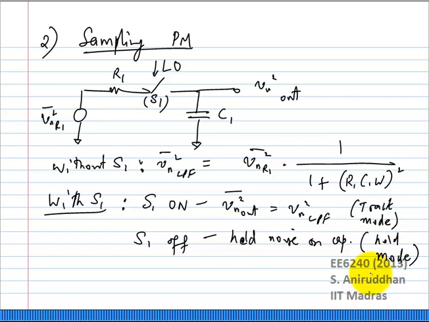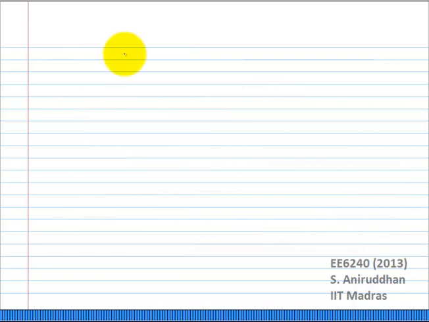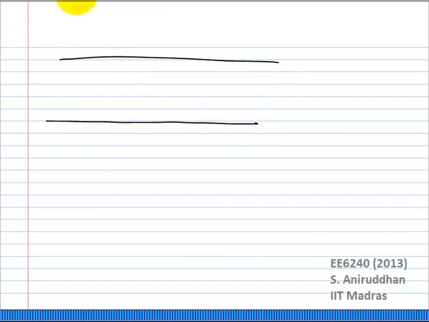Now how do you analyze this? We can go back and do a similar kind of analysis as we did for the conversion gain and input impedance, because now we have split it into the track mode and the hold mode.